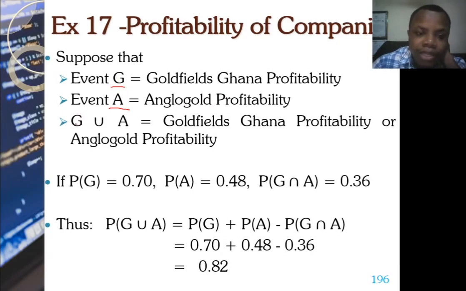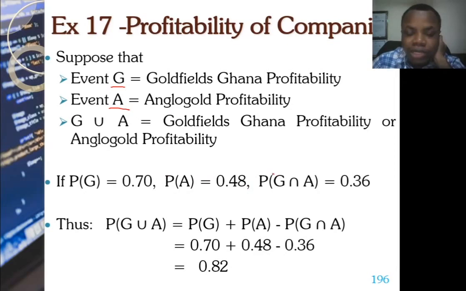Now, G union A happens to be Goldfields' profit or AngloGold's profit. So we could have the probability of G being 0.70, meaning that the probability of Goldfields obtaining a profit is 70%, and the probability of AngloGold obtaining a profit is 0.48, that is 48%.